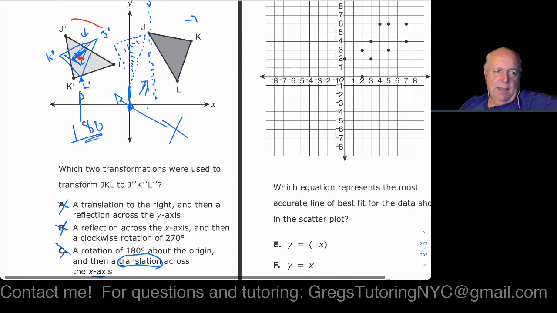K is going to go this direction. And L is going to go that direction. Well, if it's 90 degrees, let's throw another color in here. Let's do purple. Can I get that working right? Probably.